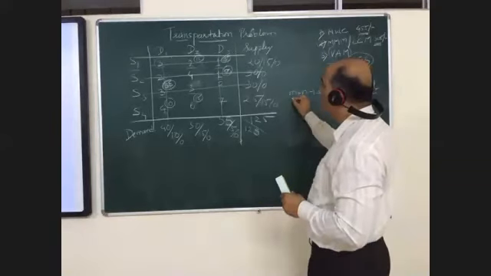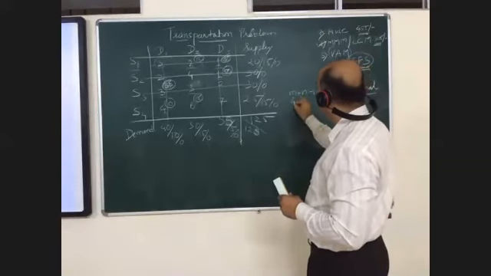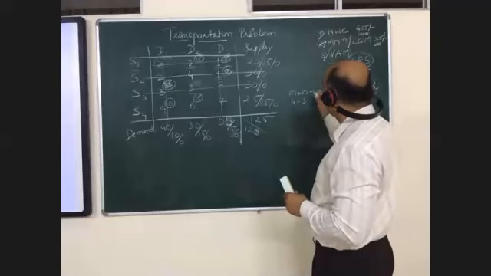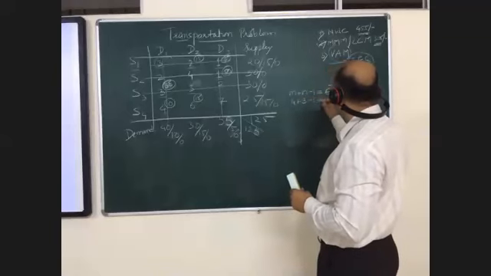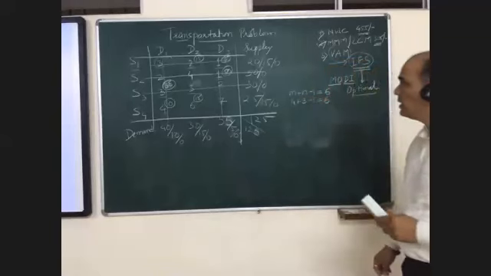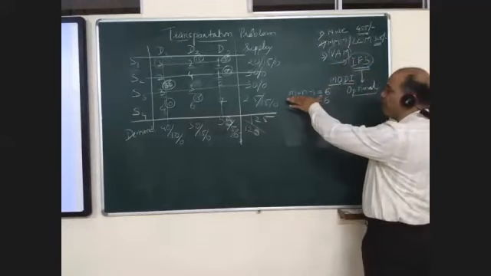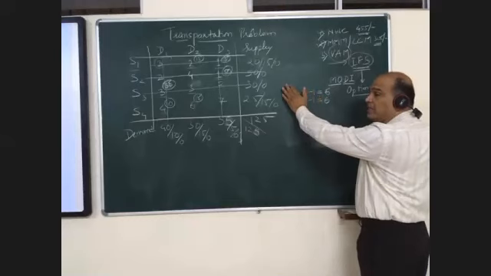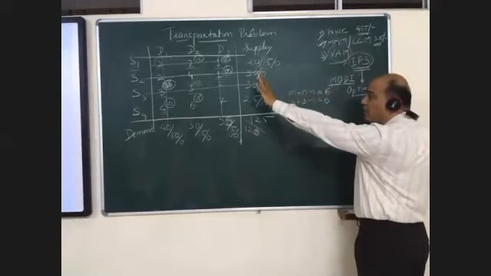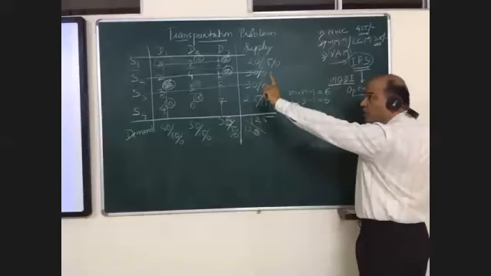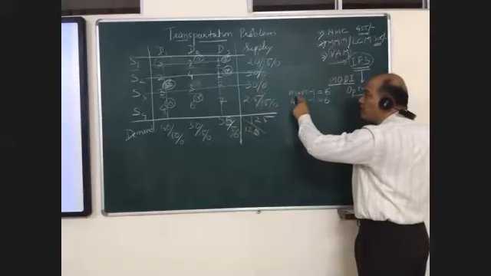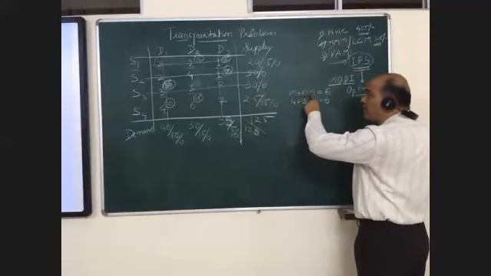What is this? This is degeneracy. We are checking the number of allocated centers. The number of allocated centers should always equal m plus n minus 1.